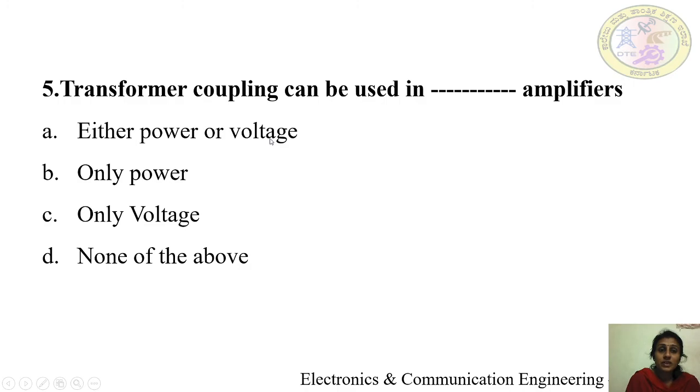Why power or voltage? Because we are using power amplifiers, it has to amplify power, and sometimes a power amplifier is also called a voltage amplifier. So transformer coupling can be used in power or voltage amplifiers.